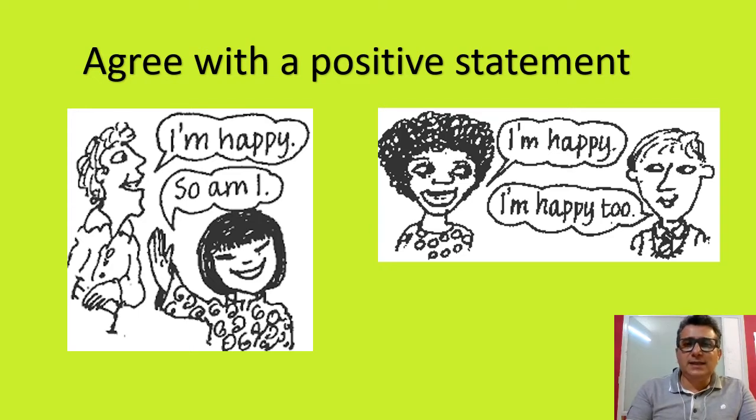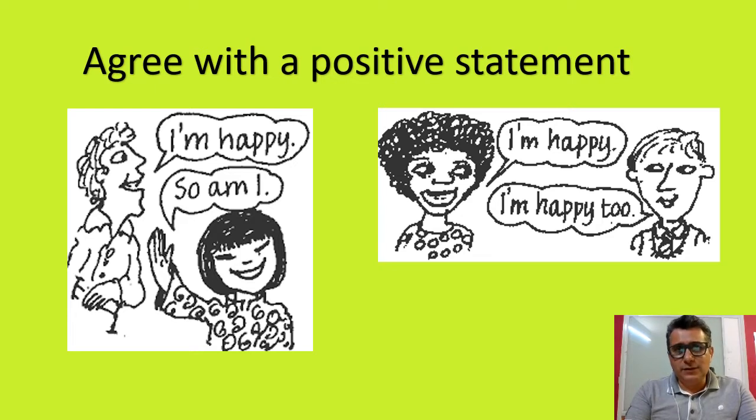Speaker A is saying, I am happy. And speaker B answers, so am I. That's the correct answer to agree with a positive expression. Soy feliz. Yo también. That's the Spanish expression for this dialogue. I am happy, so am I.